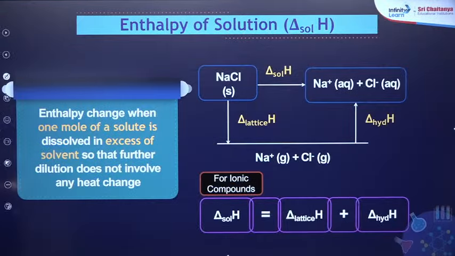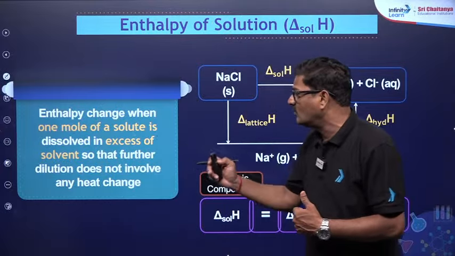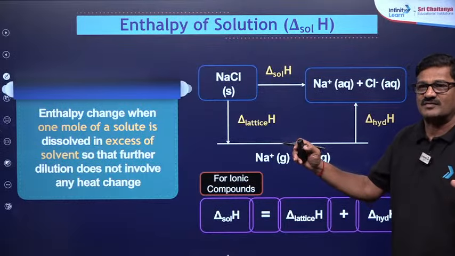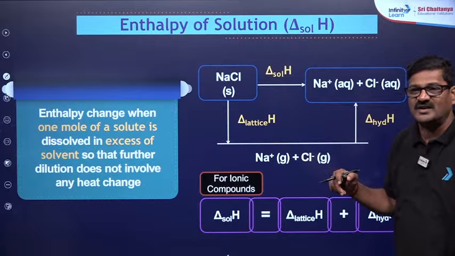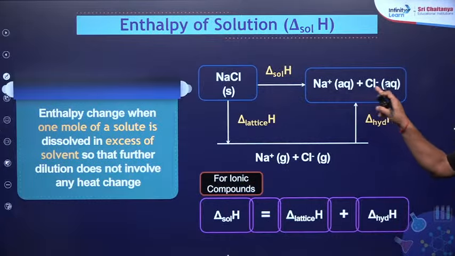And also you can say enthalpy change in the solution. I mean to say enthalpy change happens when 1 mole of solute is dissolved in large excess of solvent, so that further dissolution does not involve any heat change. So sodium chloride is converted into Na plus and Cl minus.